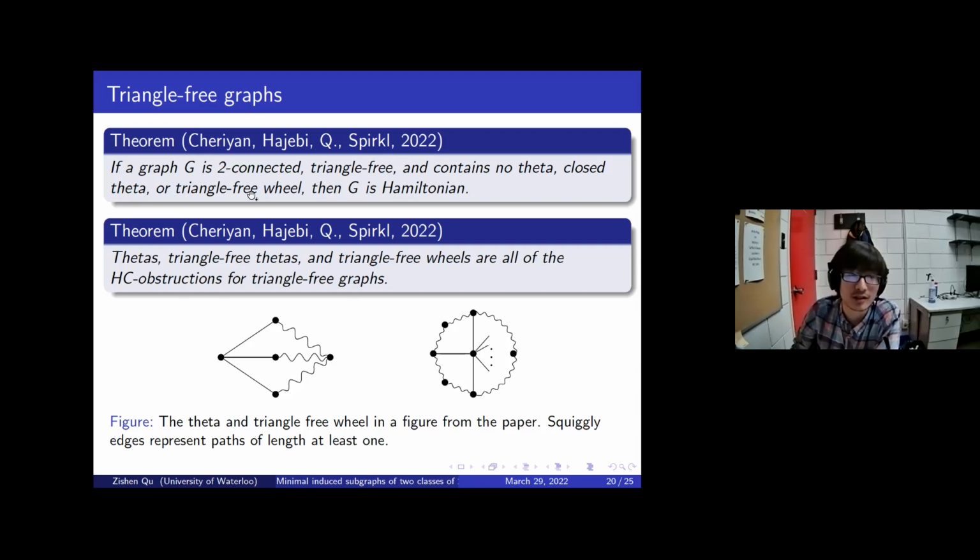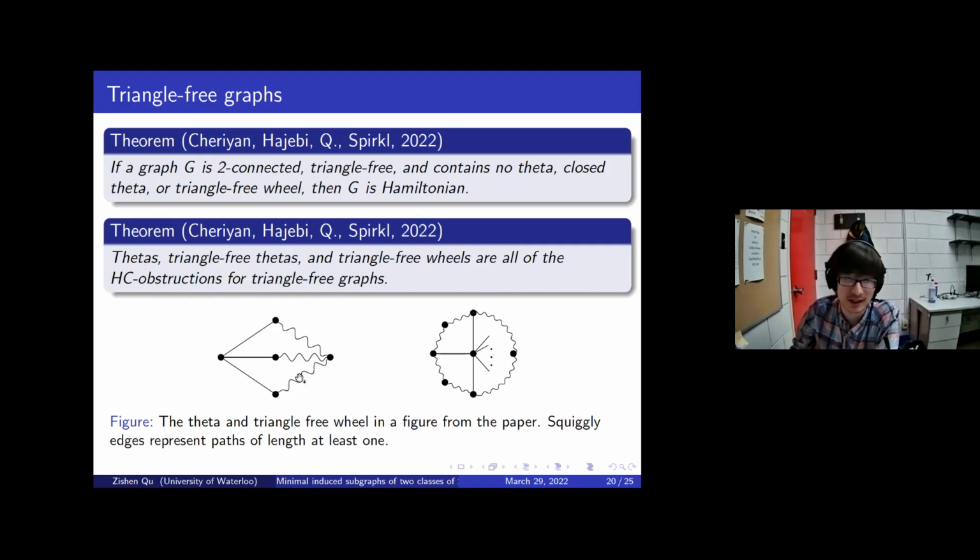We showed that if G is 2 connected, triangle-free, contains no theta, closed theta, or triangle-free wheel, then G is Hamiltonian. And of course, that implies, as we said before, that thetas, triangle-free theta. Okay, no, it should be closed thetas. They're all triangle-free, but closed thetas and triangle-free wheels are all of the HC obstructions for triangle-free graphs.